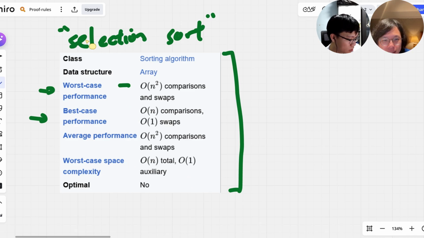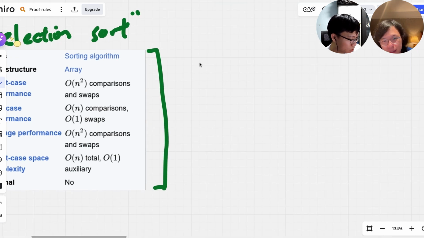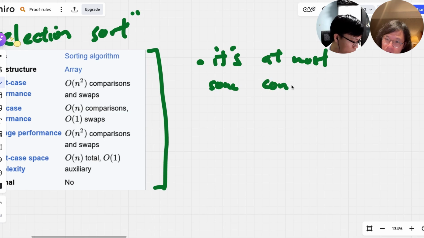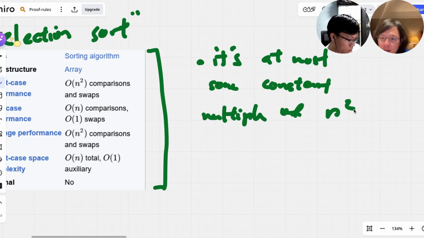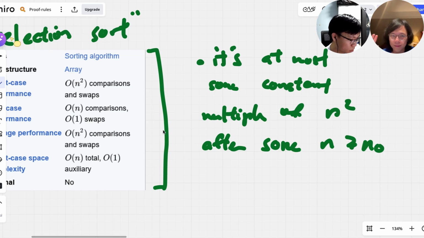The idea is how you should read this back, intuitively speaking, it's at most some constant multiple of n squared after some n greater than or equal to n0. That's kind of the intuition.